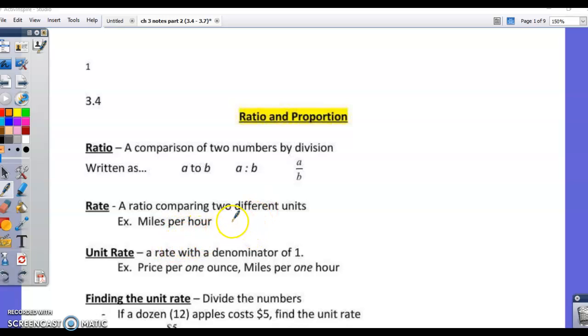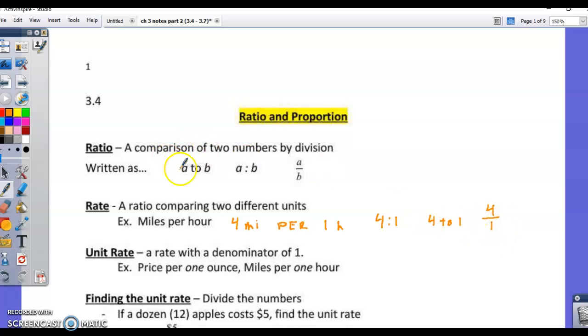So if I had 4 miles, just put MI, 4 miles per 1 hour, you can write that as 4 to 1, 4 miles to 1 hour, or 4 over 1.